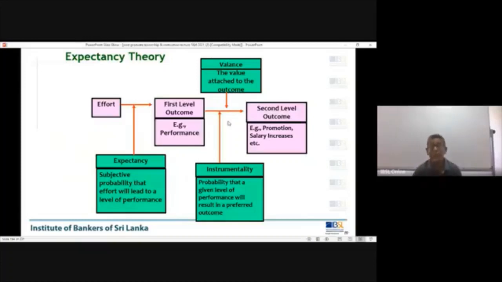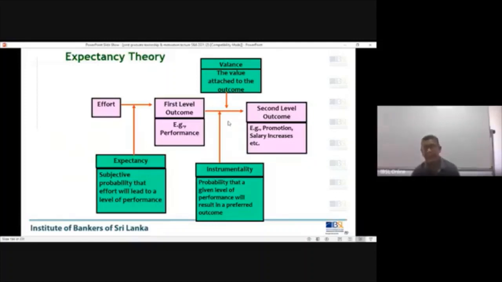Then the valence, the value attached to the outcome. That is instrumentality, the third part: the probability that a given level of performance will result in a preferred outcome. So the preferred outcome has come.